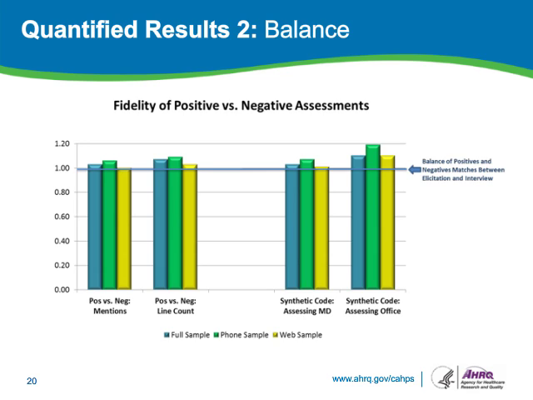Notice that at the 1.0 level, where that blue line is across the screen, that is the perfect balance. That is the exact same mix of positive and negative between the elicitation and the matching interview. If the bar is over that blue line, it means the elicitation was more positive. If it's under that blue line, it means the elicitation is more negative than the interview.